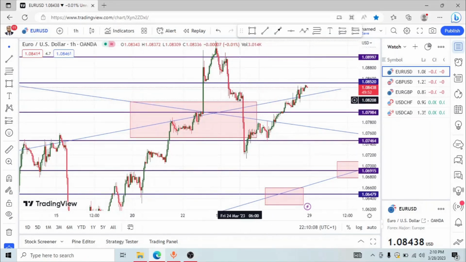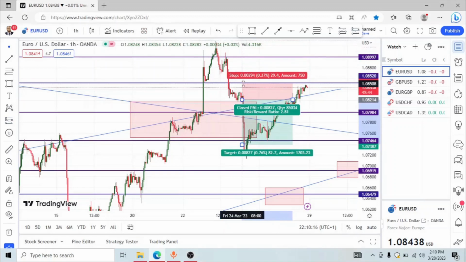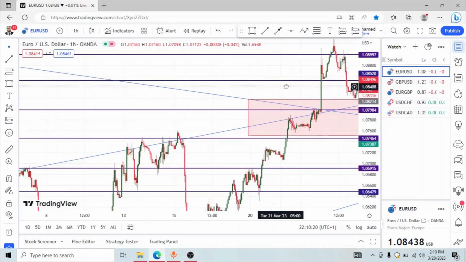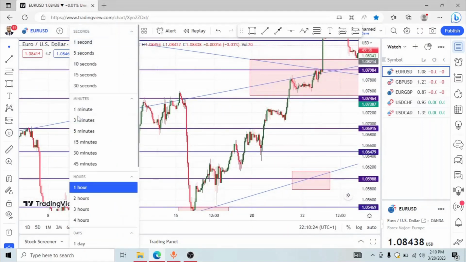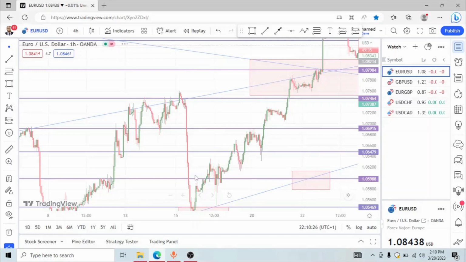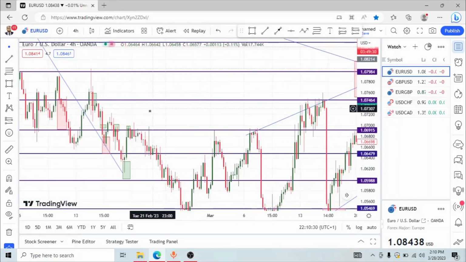It falls from here down to this level. So you take your entry from here and take 50 pips and 25 pips away. You see that you would have been in a very big profit. All right, so when you get to 4 hours again, you see how clear it is.